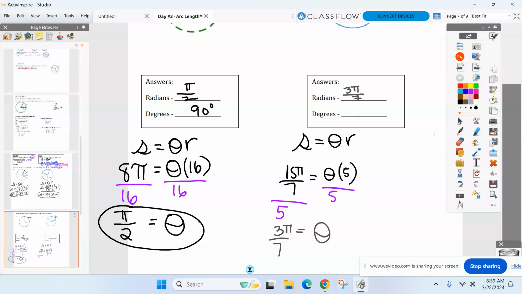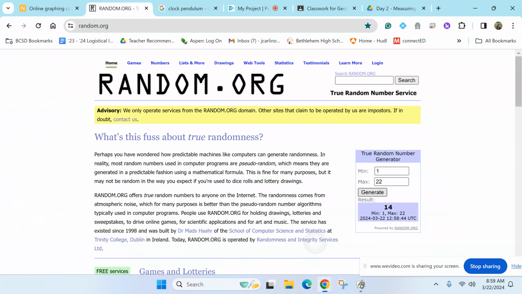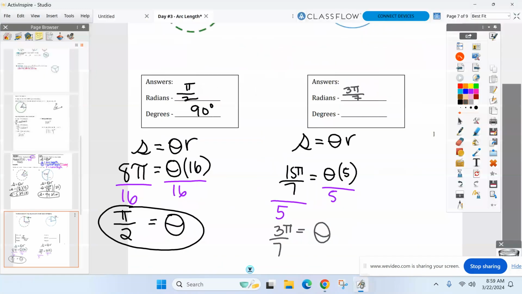Please put the word radians next to it when you convert it, because your calculator will have no idea you're talking about radians unless you put it next to it. Micaiah, what do you got? 77.14. There we go. I know I didn't have rounding directions, but I'll keep that hundredth.